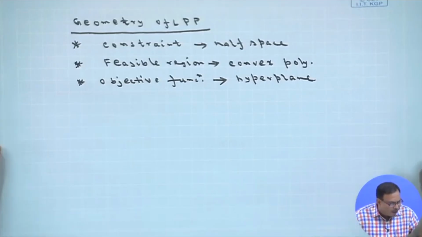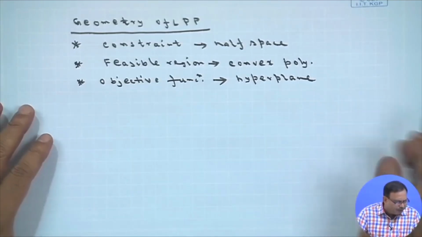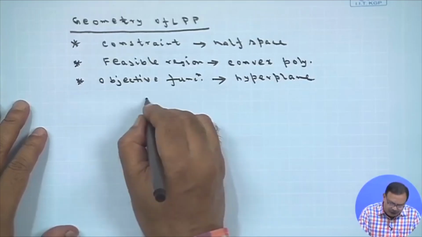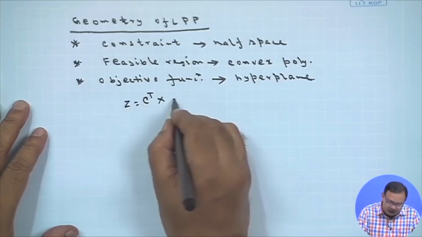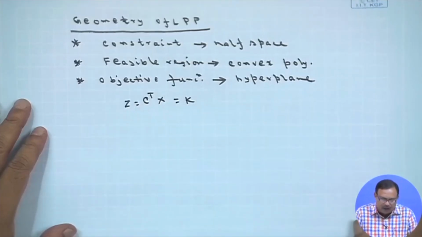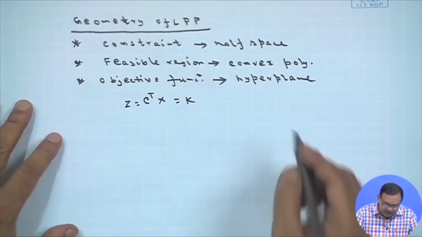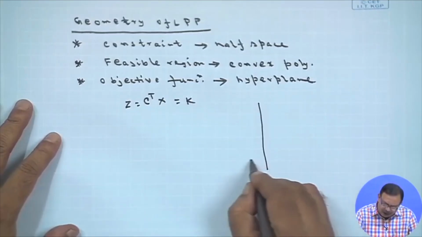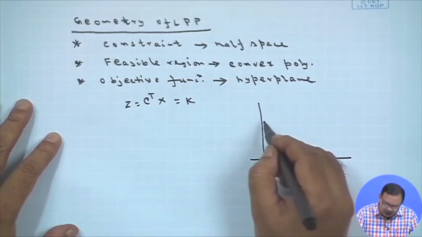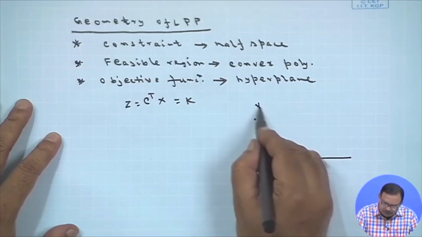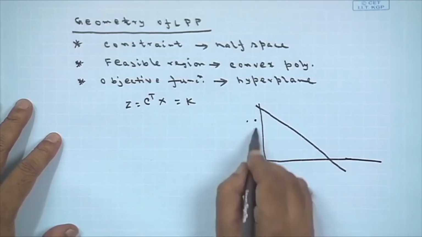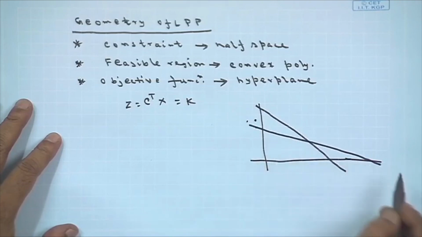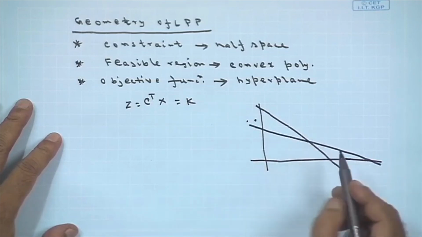Now, what about this one? The value of the objective function can be written as z equals C transpose x equals, say, k. In a very simple form, suppose you have something like this, and another one cutting something like this.